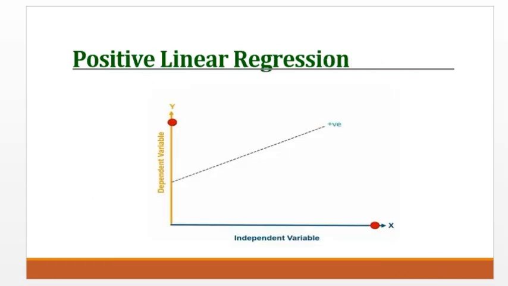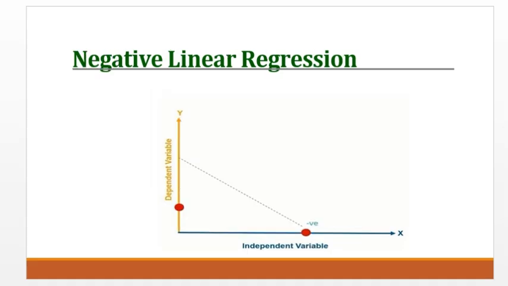Now, in a positive linear regression the slope of the graph is positive, whereas in a negative linear regression the slope of the graph is facing a downwards direction, which indicates the independent variable is.